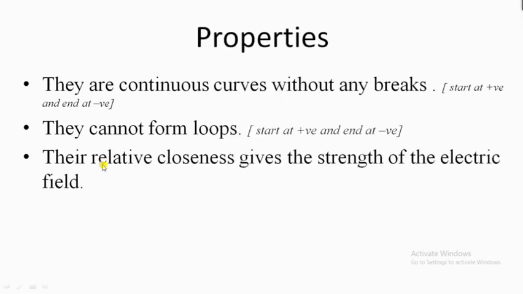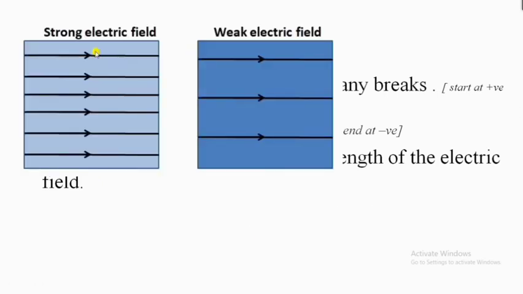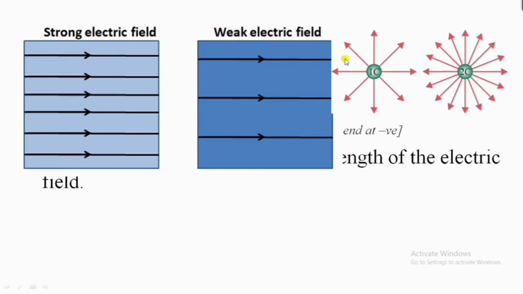Next property is their relative closeness gives the strength of electric field, meaning if they are close to each other, the electric field is strong, and if they are far away from each other, then we have to understand the electric field is weak. So out here you can see for 1 coulomb we have few lines, but for 2 coulombs we have many lines.